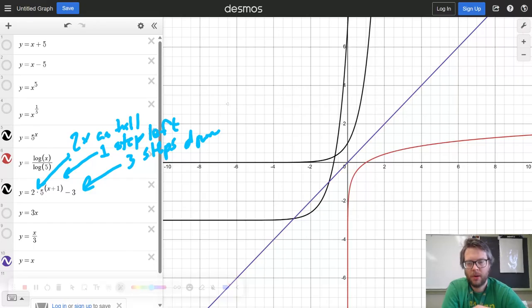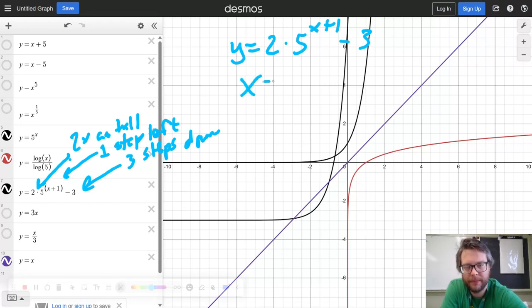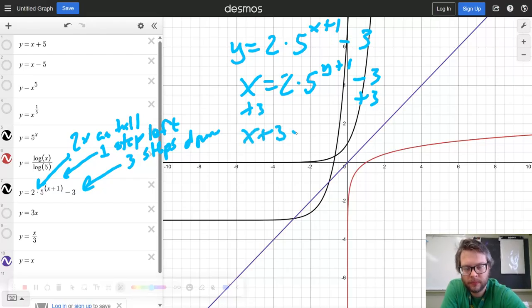Okay? What I'm going to do is show you how you could find the inverse of that transformed function and what we can predict the graph would look like. So remember, inverse means you switch x and y, and you solve for y. So I'm going to add 3. I'm going to divide by 2.